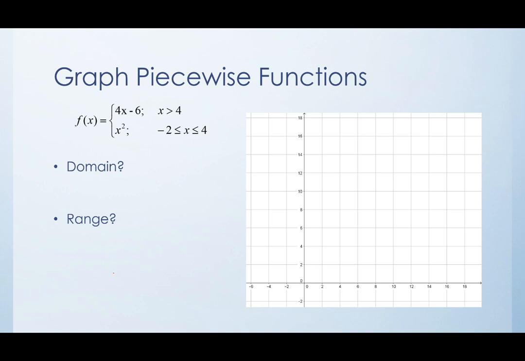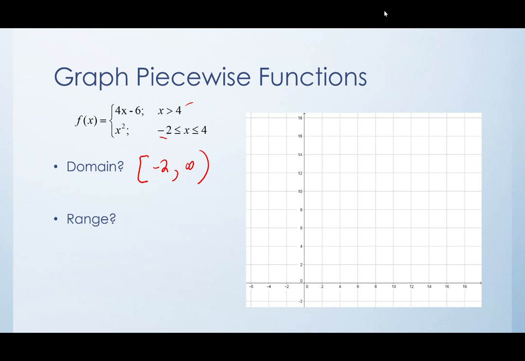So these are kind of in the opposite order from maybe you would normally see. So -2 is our lowest x value, and our highest x value, this one's going to go off to infinity. So there's our domain.